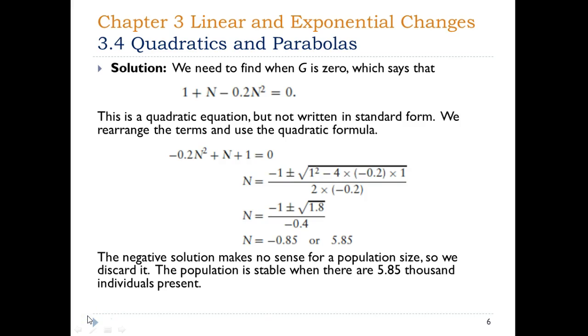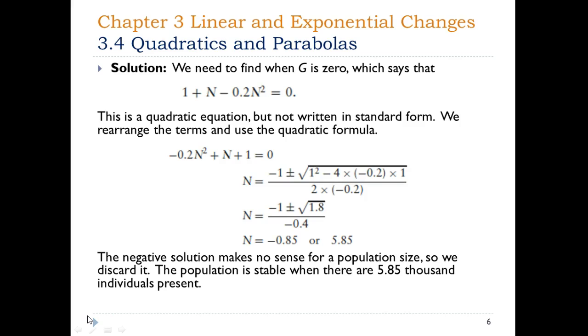Solution. We need to find when g is 0, which says that 1 plus n minus 2/10 n squared is equal to 0. This is a quadratic equation, but not written in standard form. We rearrange the terms and use the quadratic formula.